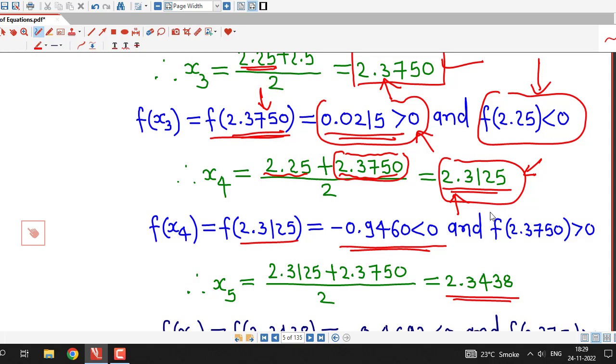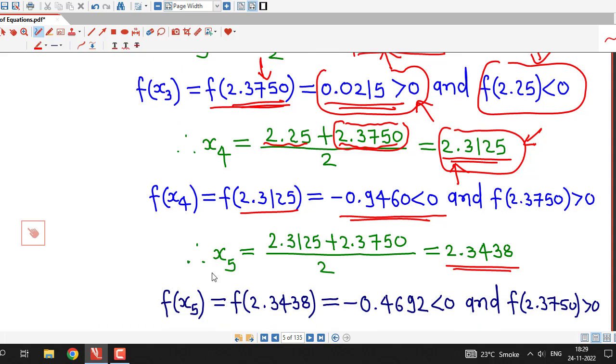So I continue with the value of the function at point x5, and I obtain that f of x5 is negative. At this point the function is negative, and at this point the function is positive. So we will consider the next approximation as the average of 2.3750 and 2.3438.